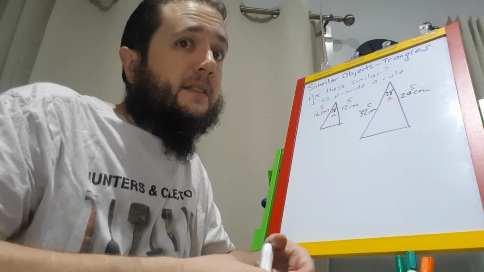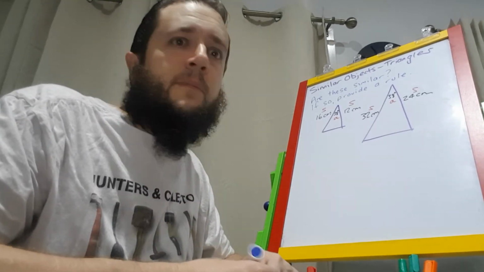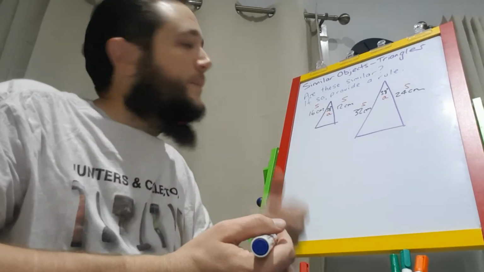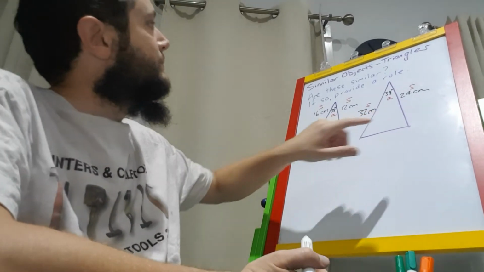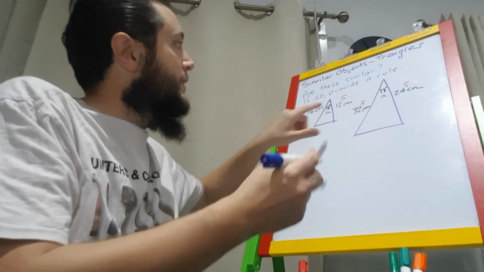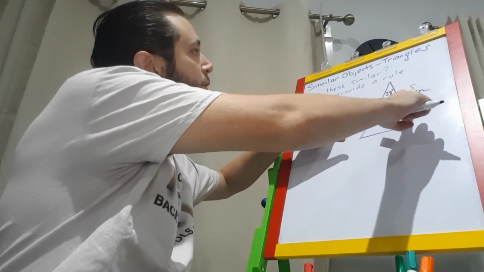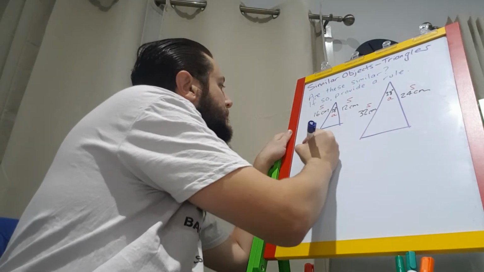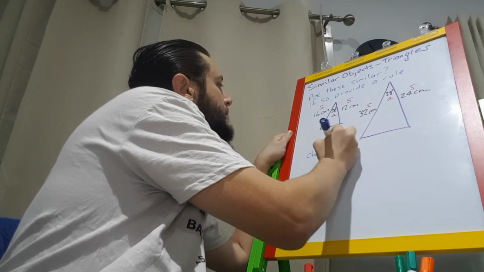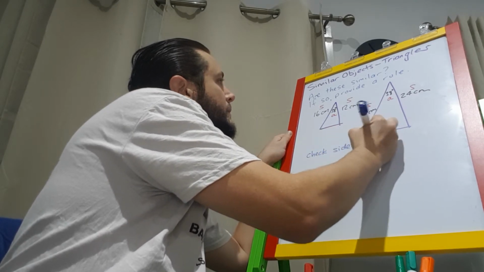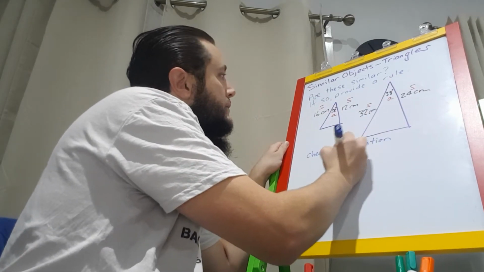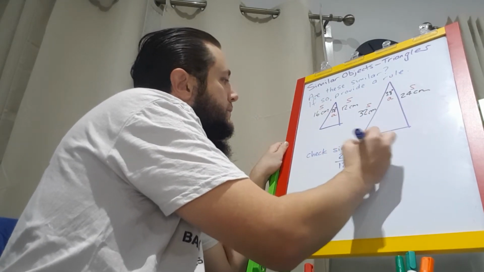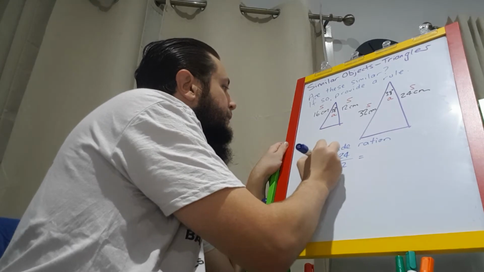So my leaning is to think, well, these might be similar under SAS, but I first need to compare the sizes here. So let's check you've got the same ratio. So if I compare the equivalent sides, check side ratio. I've got 24 to 12 here. So this is really the scale factor.